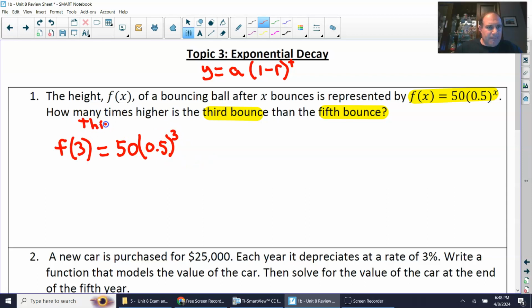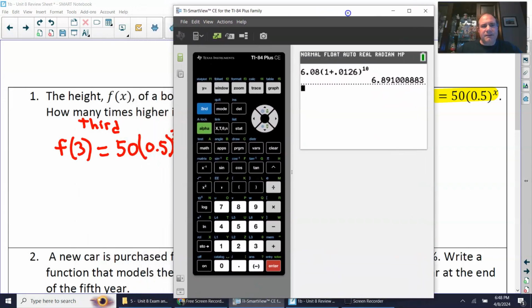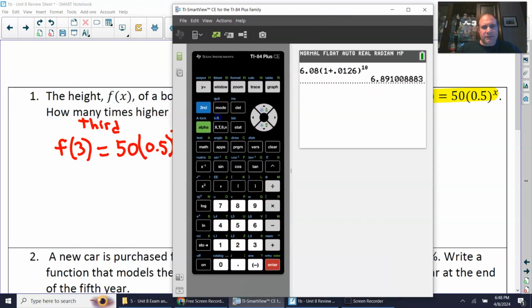That's the third bounce. So this is third. This is the fifth. So this is f of 5 equals 50 times 0.5 to the fifth. When you put this into the calculator, you're going to get 50 times 0.5, and that's the third bounce.